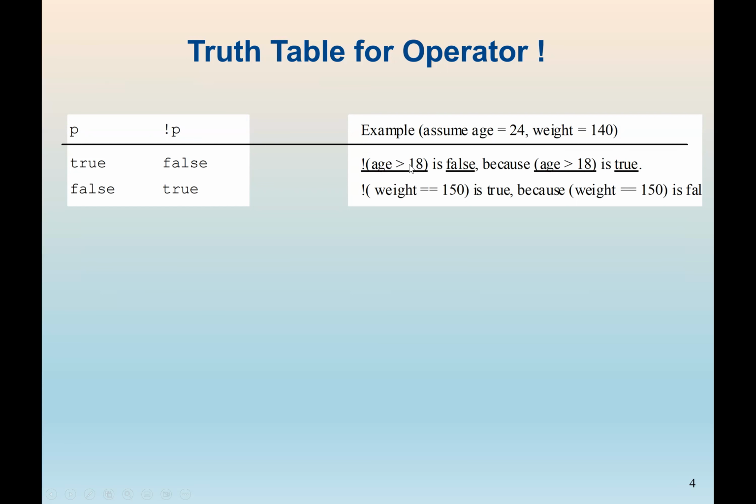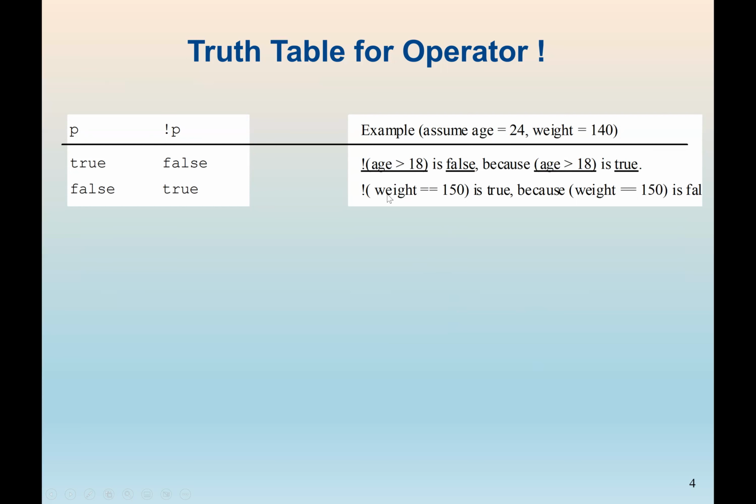So is 24 greater than 18? Yes, it's true, but we say not true, so not true means it's false. If age is greater than 18, it's true, but not true is false.